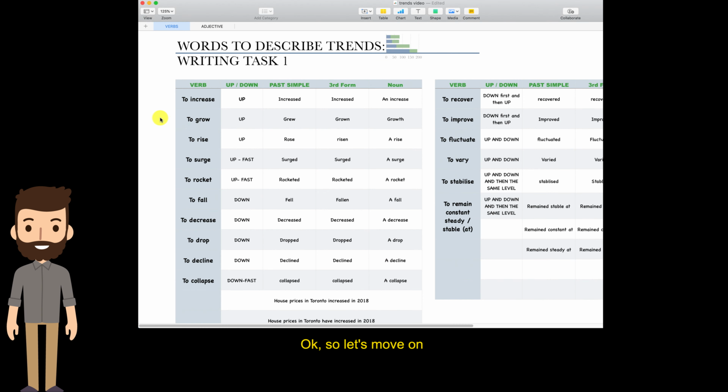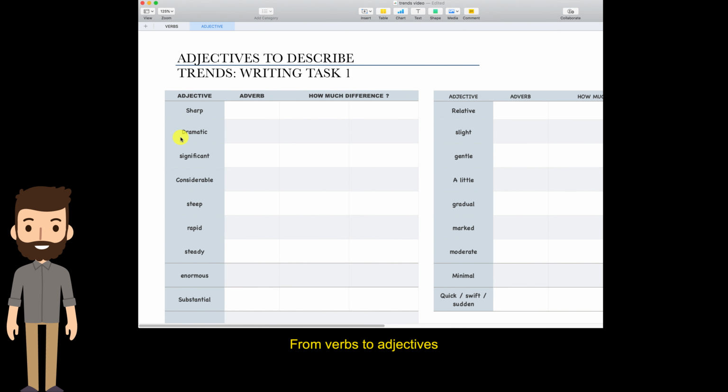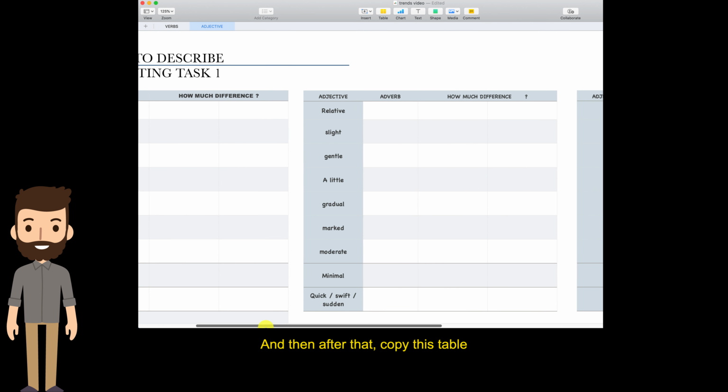Okay, so let's move on from verbs to adjectives. Take a minute to draw this table out on a piece of paper or in your notebook. And then after that, copy this table down into your notebook as well.